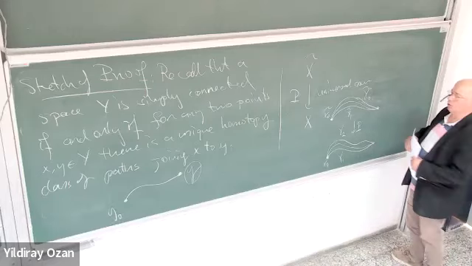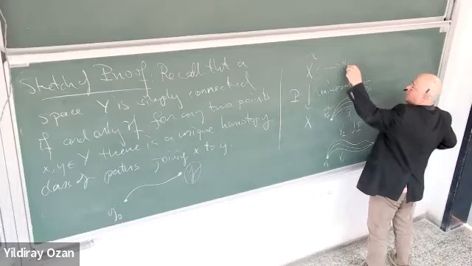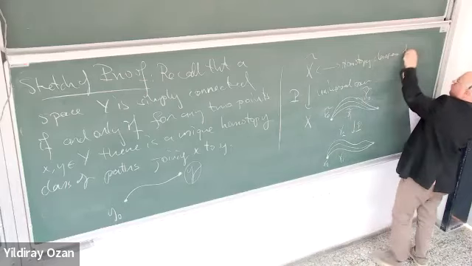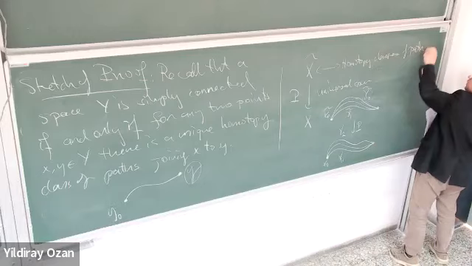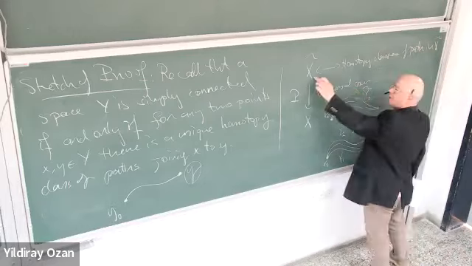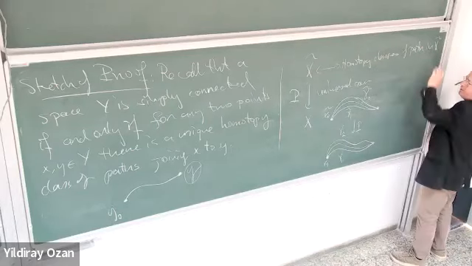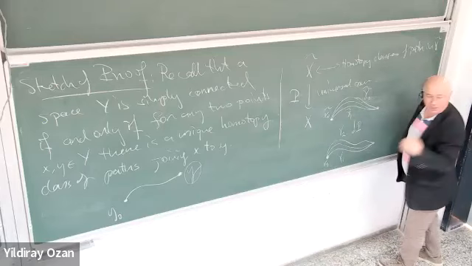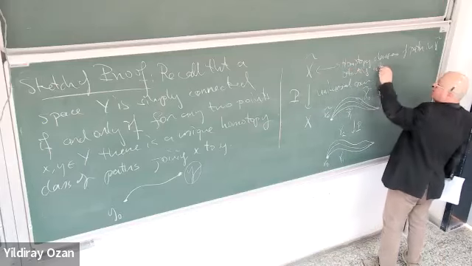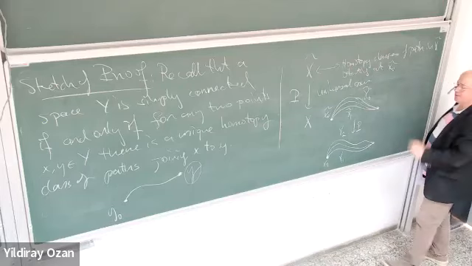So the idea is this. There is a one-to-one correspondence between the points of X tilde and homotopy classes of paths in X tilde starting at x0 tilde, where the homotopies fix the endpoints.